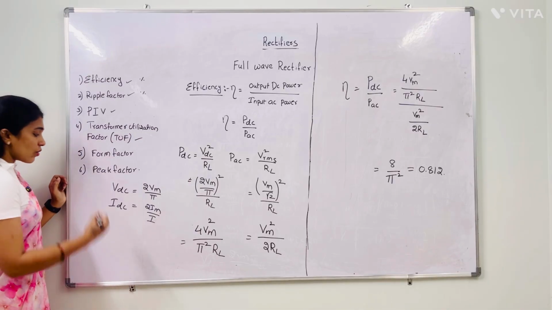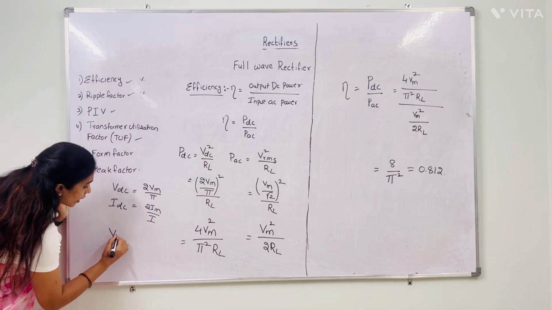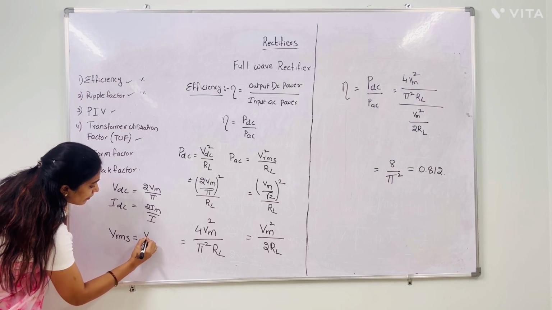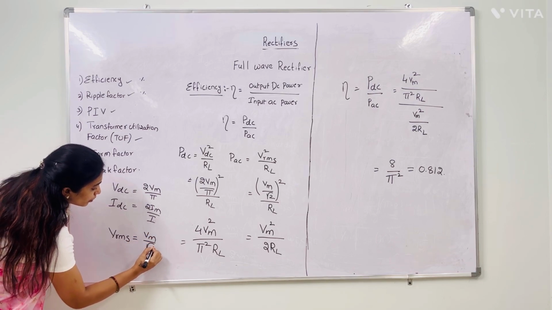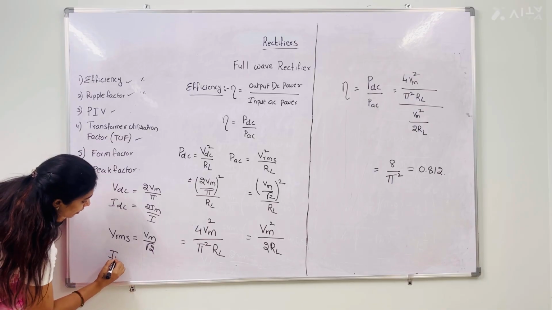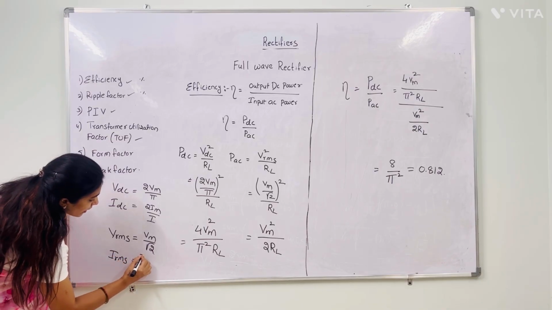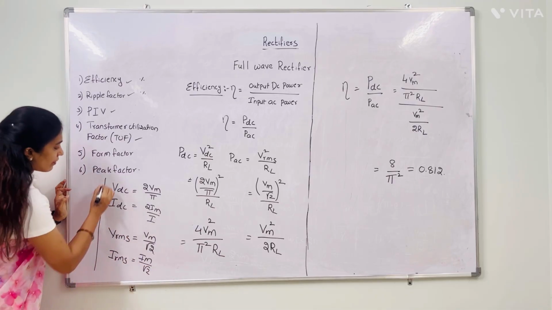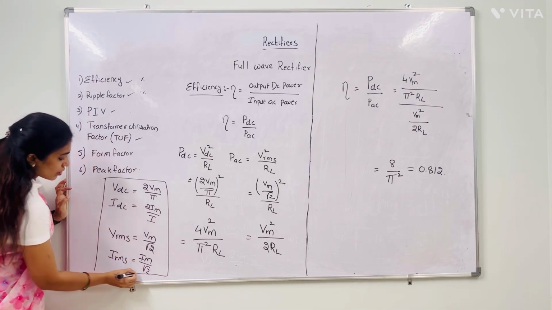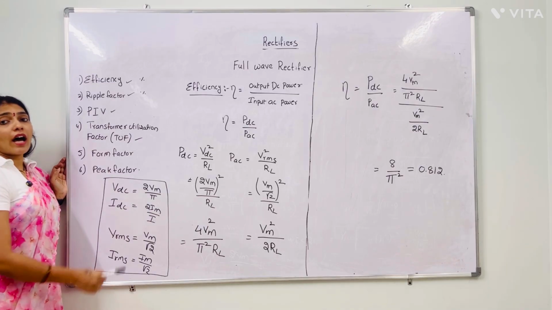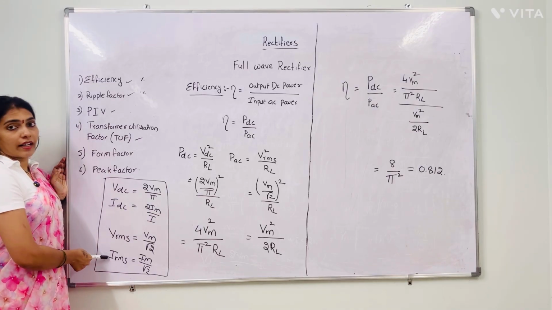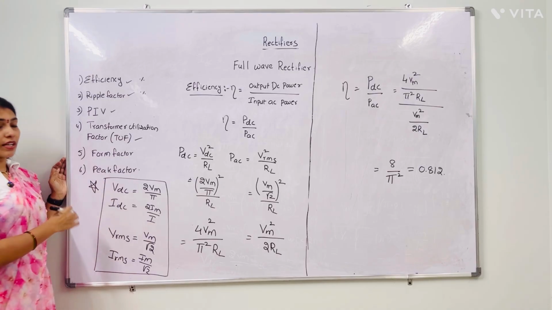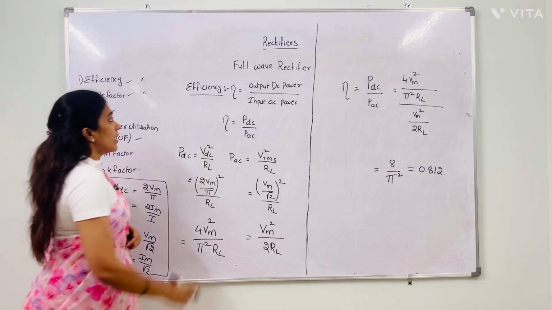Also we found the RMS values of voltage and current. V RMS value is Vm by root 2. I RMS value is Im by root 2. So you should remember all these formulas for the next simplification, right?